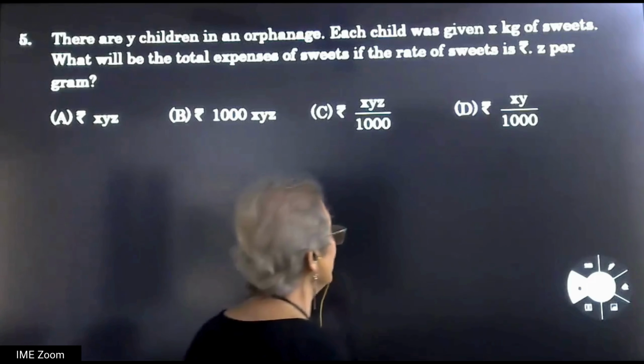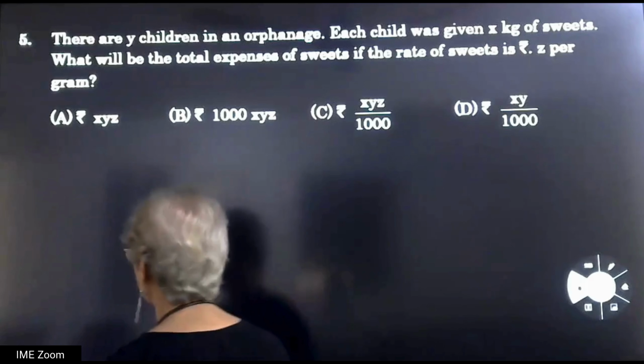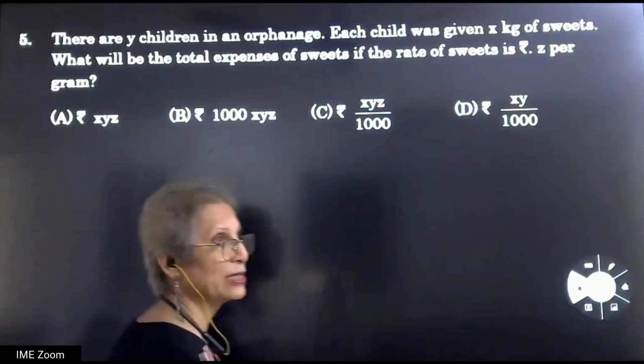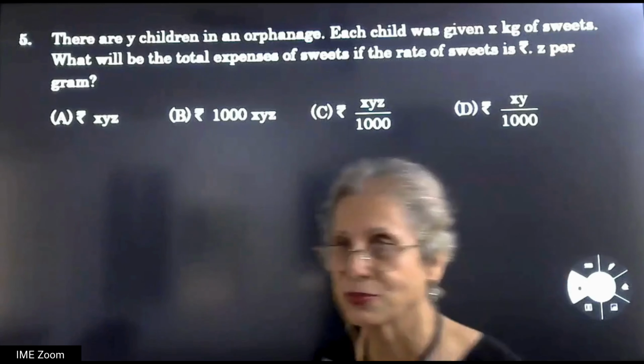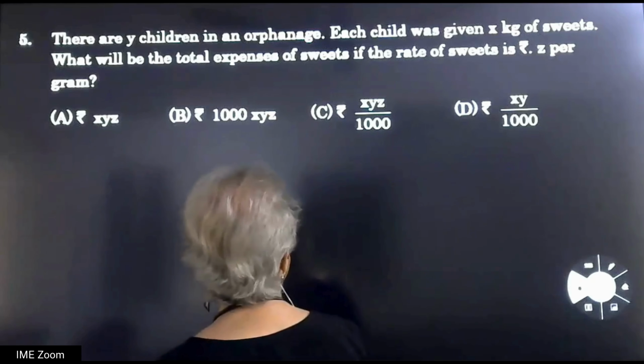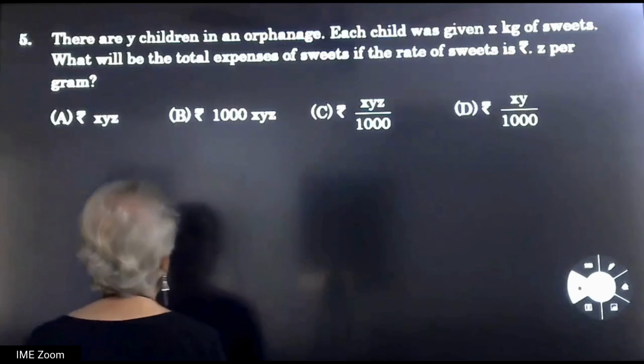Each child was given X kg of sweets. Look here, maybe some celebration is there. Some outside visitors come and they give X kg of sweets to each child.